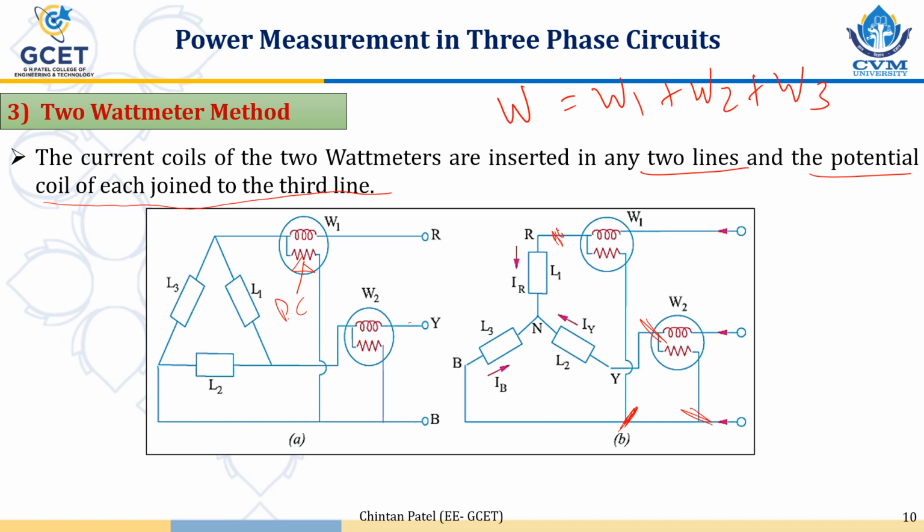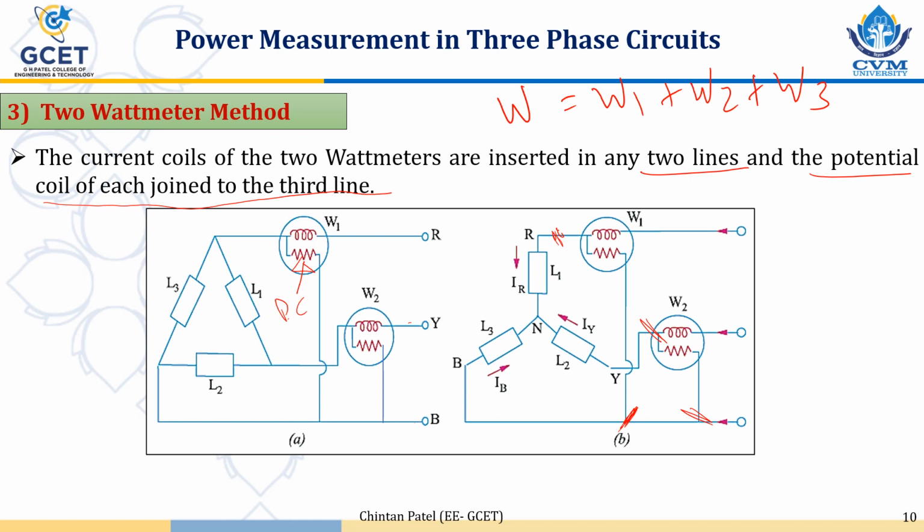So the connections of both the wattmeters are different compared to the 3 wattmeter method. Current coils are connected in two phases or two lines, and their PC or voltage coil is connected to the third remaining phase, that is B phase.